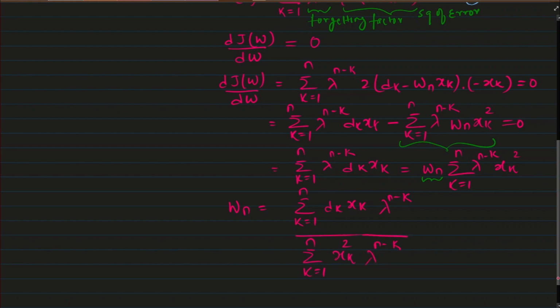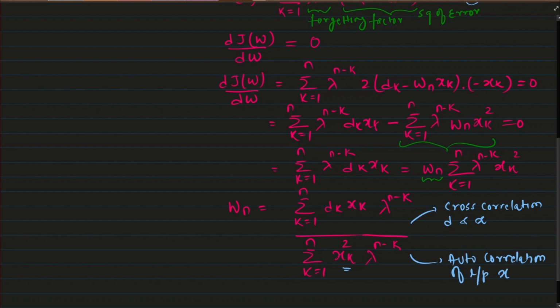This is a very important function. The upper part is nothing but a cross correlation between the desired signal and the input to the filter, and the denominator is an autocorrelation of the input to the filter, which is x.